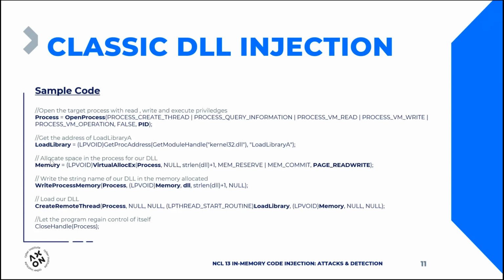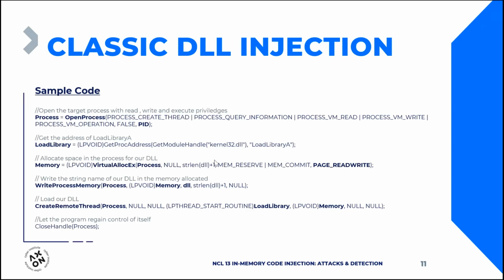Next thing, I need to allocate the space with VirtualAlloc. So I'm going to call VirtualAlloc. I'm going to pass to it the process handle, process. I'm going to tell it it is going to be read-write, and I'm going to give it the length of my DLL path.